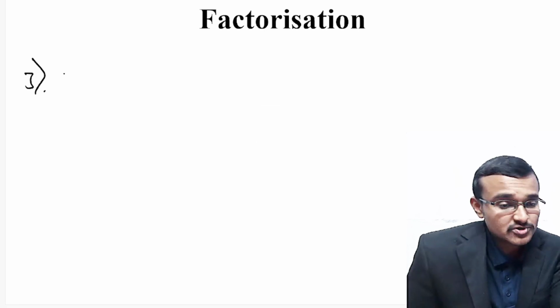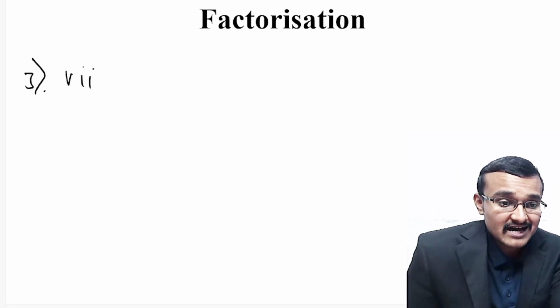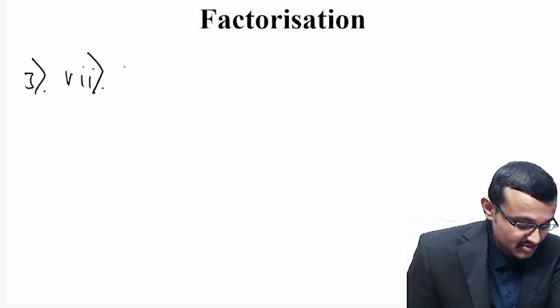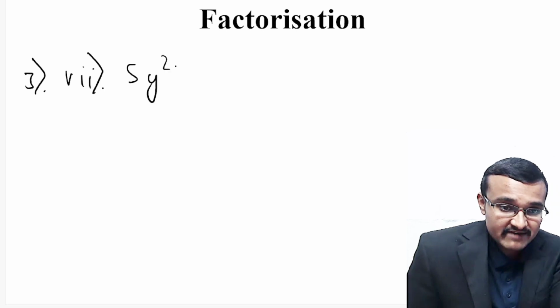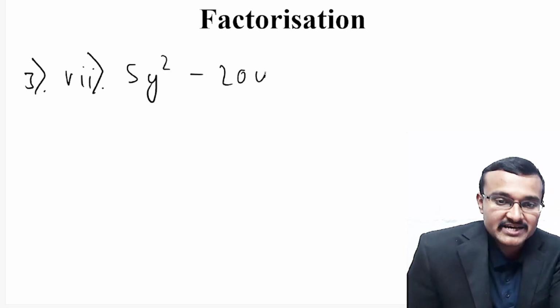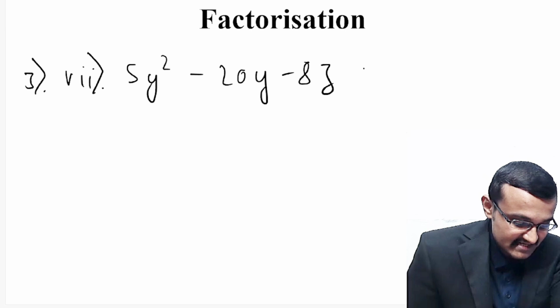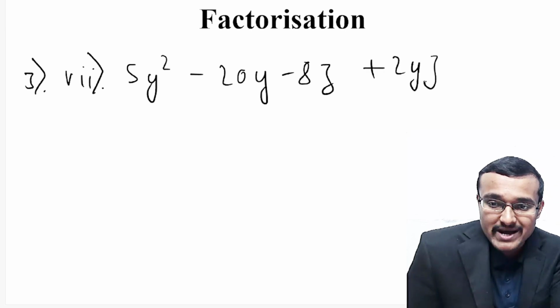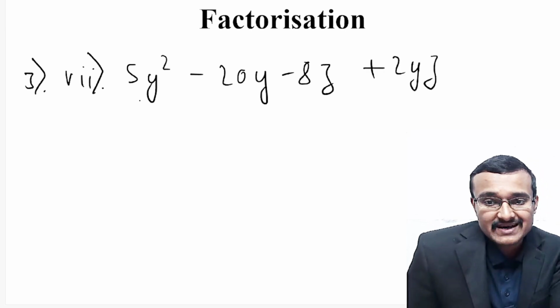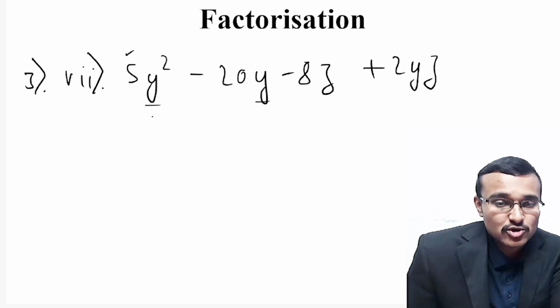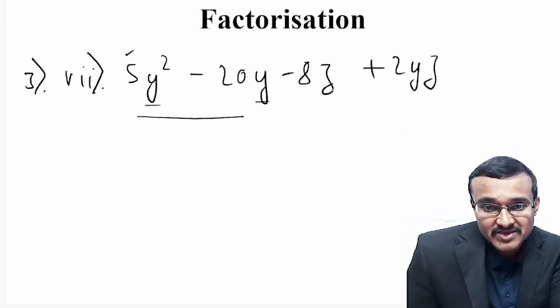So I'll solve two more questions in this third question. I'll solve the seventh question. In the seventh question, they have asked 5y square minus 20y minus 8z plus 2yz. Here you can take y common in these two terms, and you can take 5 also common in these two terms, and you can take 2 and z common in these two terms.